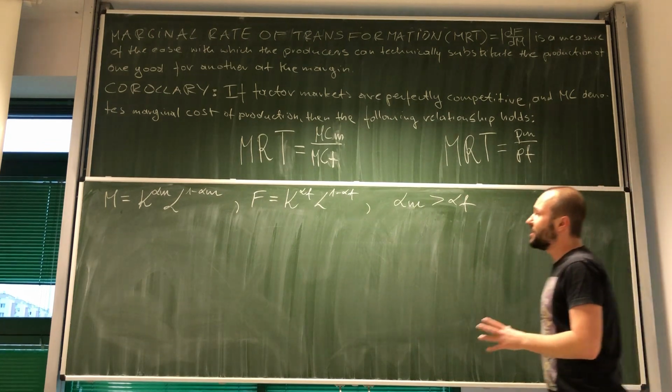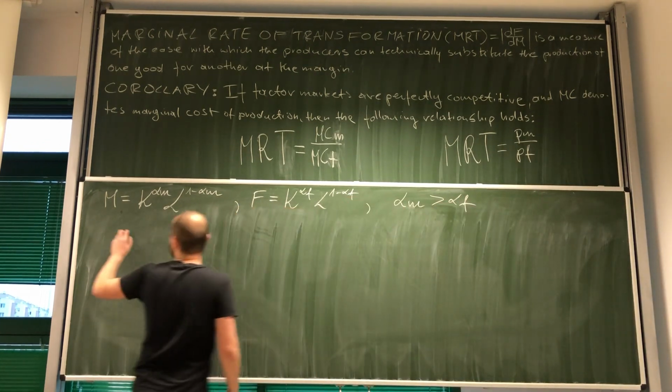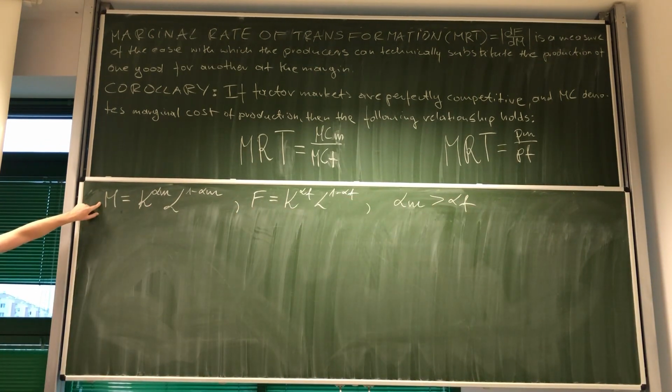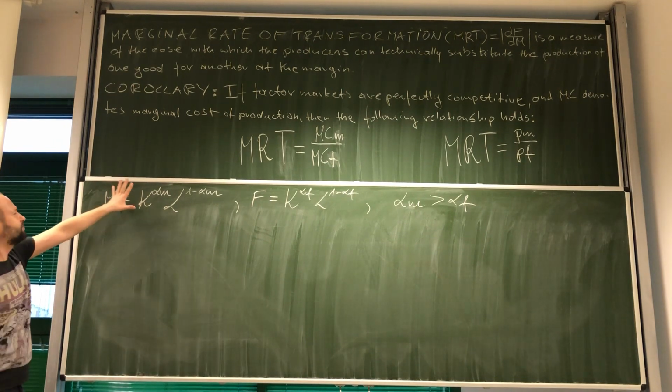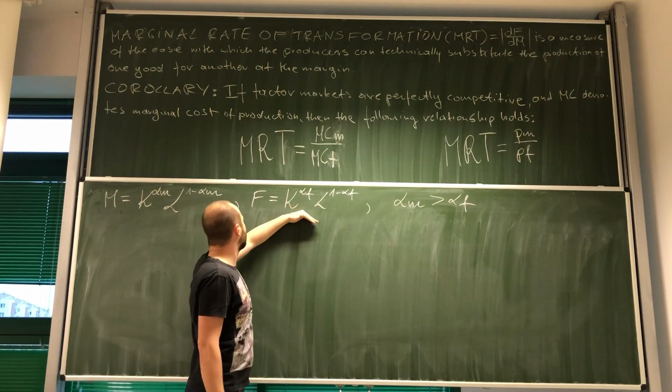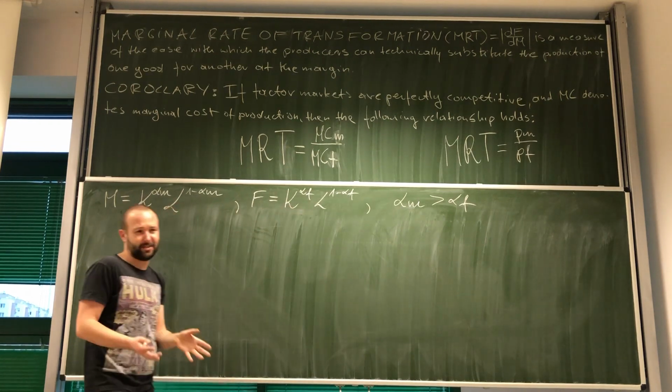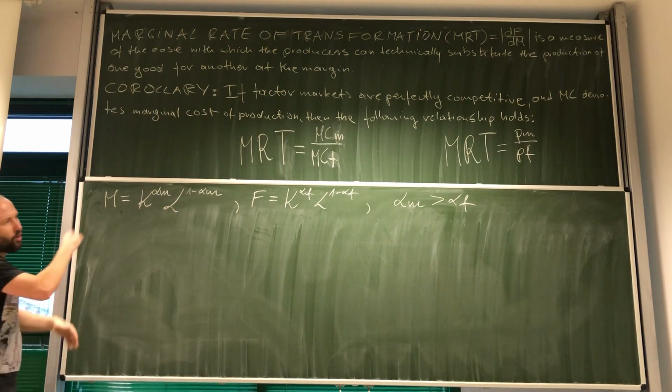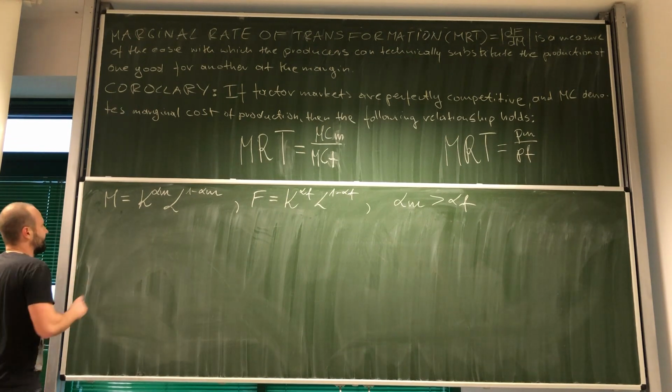Okay, so now let's calculate the differential of this function. We're going to do everything for manufacturers, but as you'll see, the result for food will come out as a byproduct. All we have to do is just substitute.